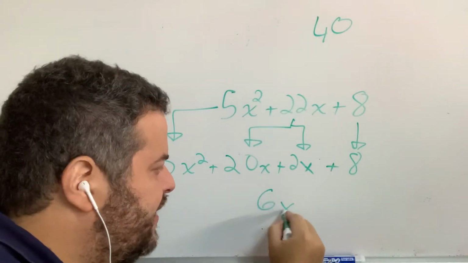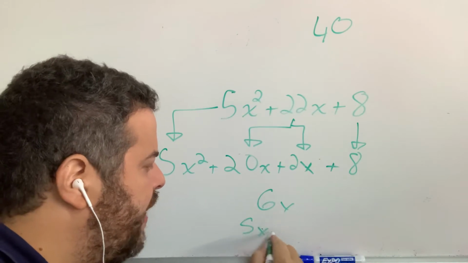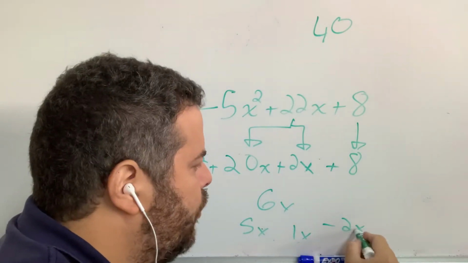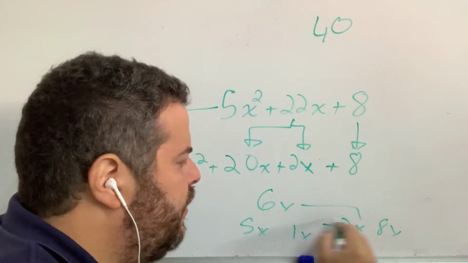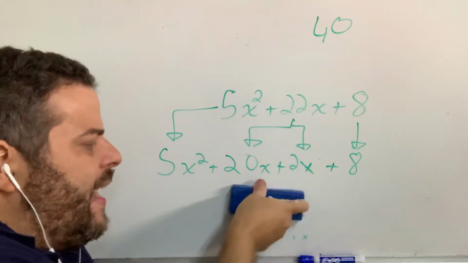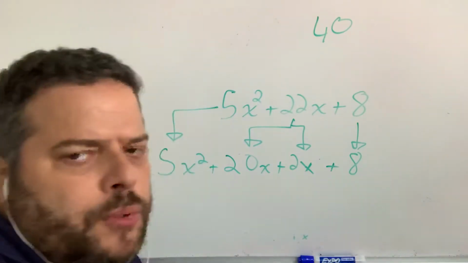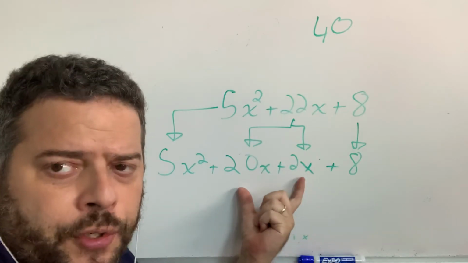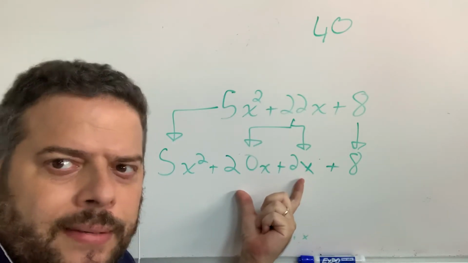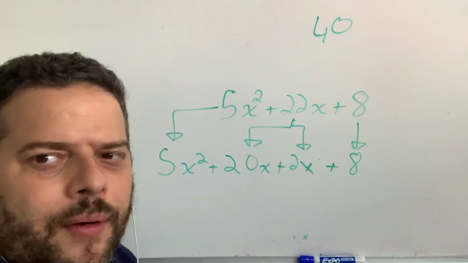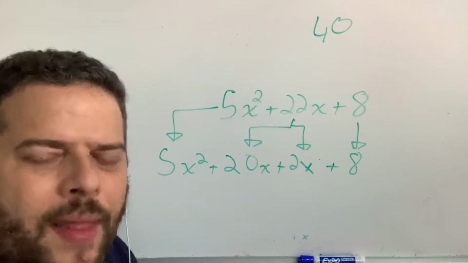For example, a 6x could be broken down into 5x and 1x. It could be broken down into negative 2x and 8x. All of these will give you the exact same answer of 6x. So you're not adding anything, you're not subtracting anything. You're just breaking down the middle term into two other terms. Now let's count how many terms I end up with. 1, 2, 3, 4. Grouping.